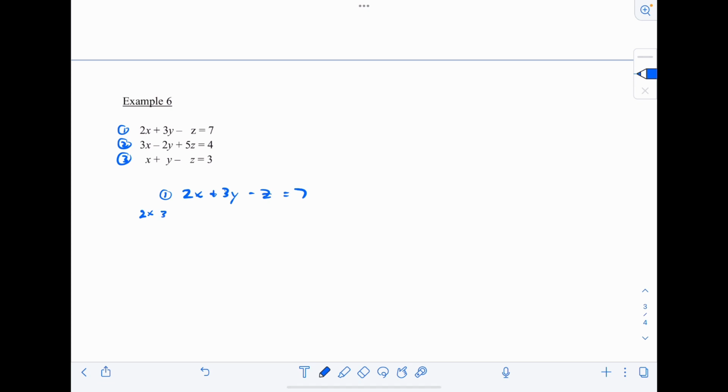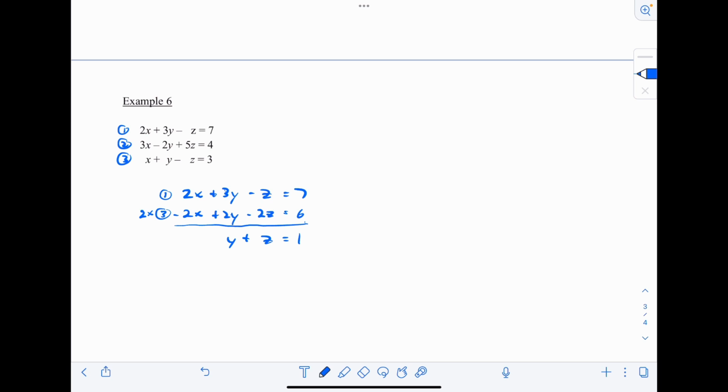So 2 times number 3 is going to give me 2x plus 2y minus 2z equals 6. And in this case, we're going to subtract these equations. So the x's, as we're trying to do, cancel out. And I get y plus z equals 1. So nothing I can do with that right now.